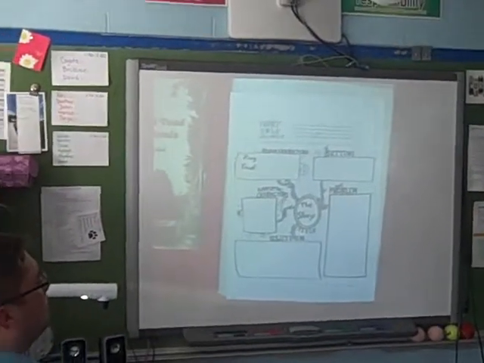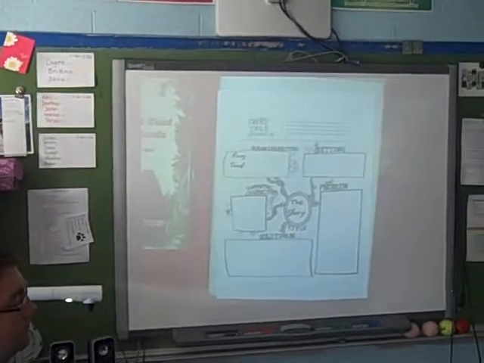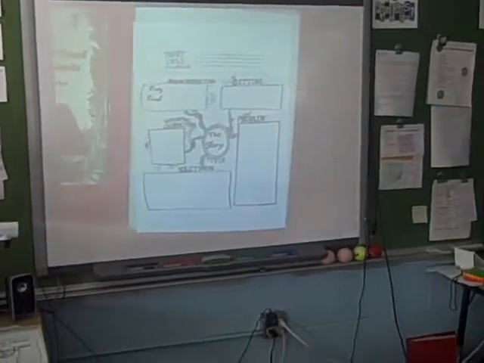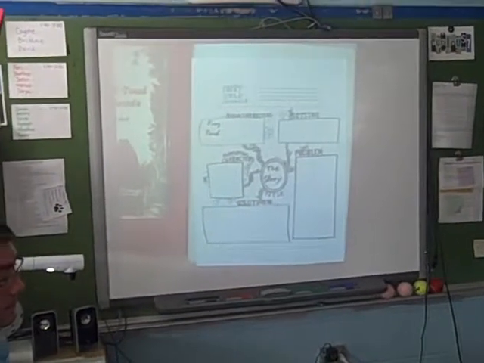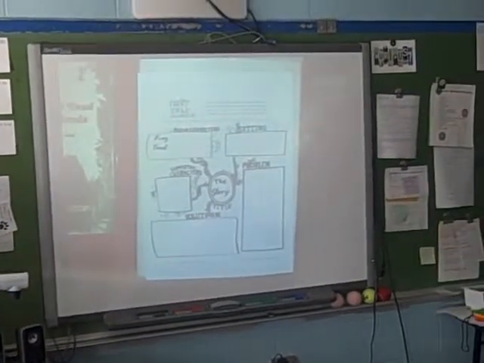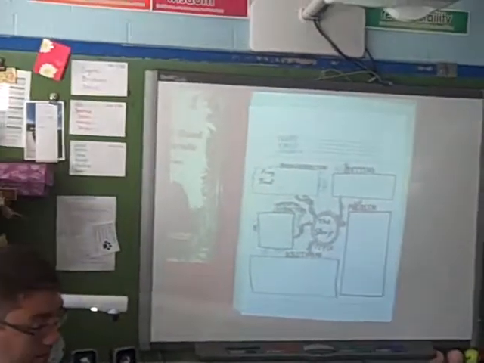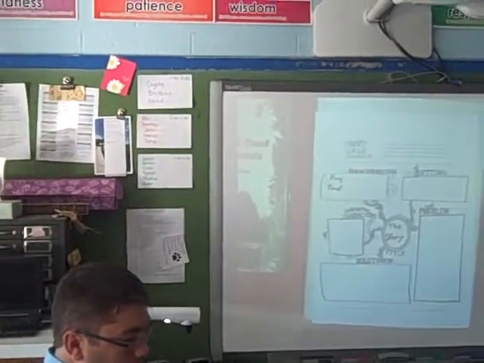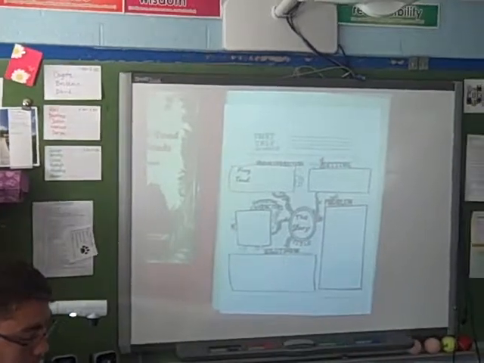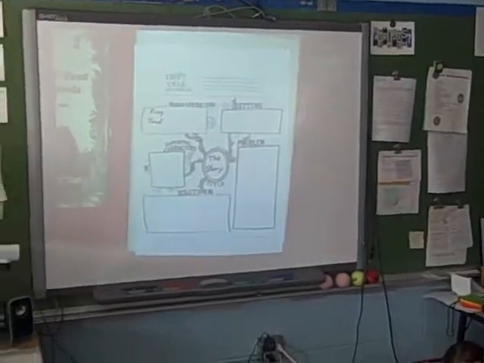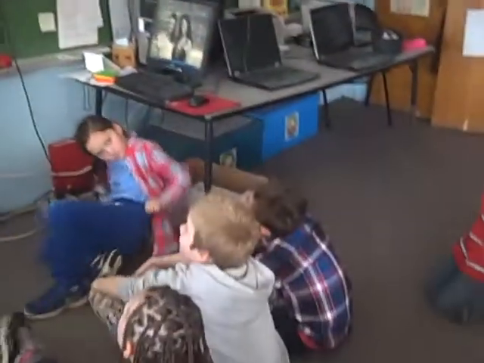So, what was the setting? Does everybody know what the setting is? It's the place that they're doing it at. Yes, and where was that? Home. Whose home? Frog and Toad's house. Wes, whose home was it?